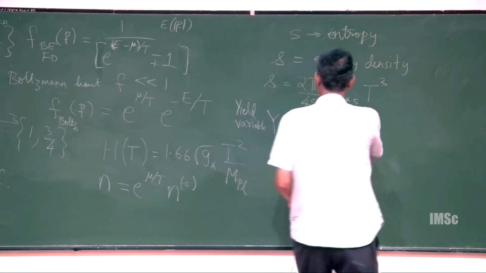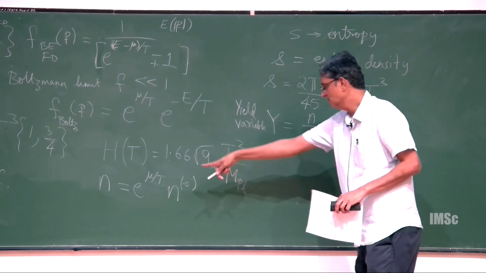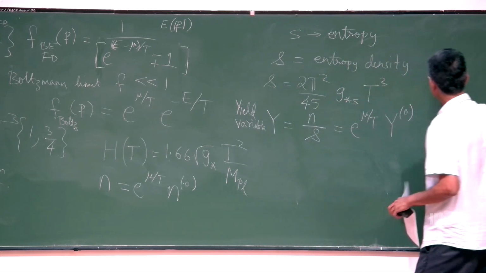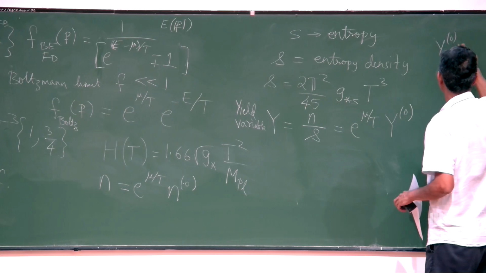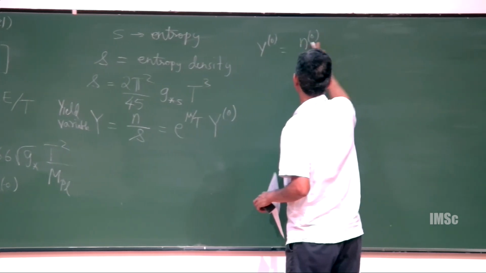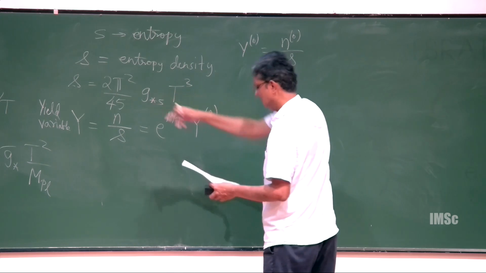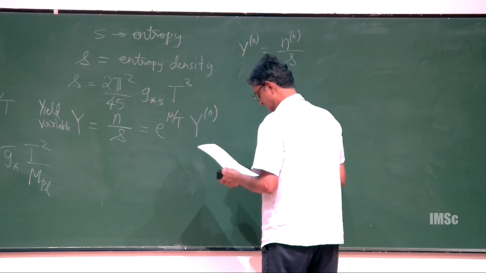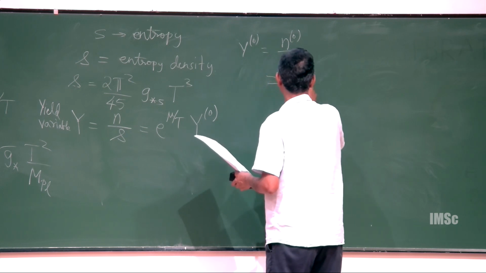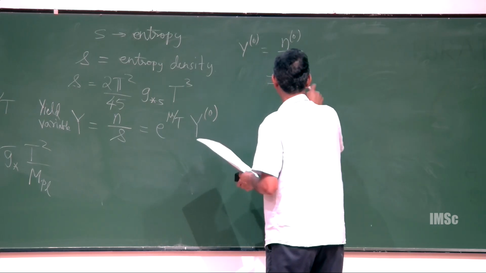And so here you can write this yield variable, taking this e to the mu over T out. So Y0 is with zero chemical potential, so that will have just n0 over s, and this you can write down as an expression. You will have the T cubed that cancels out, and unfortunately I have the more general expression, but you can work this out. Given the expression, it will be some simpler form.